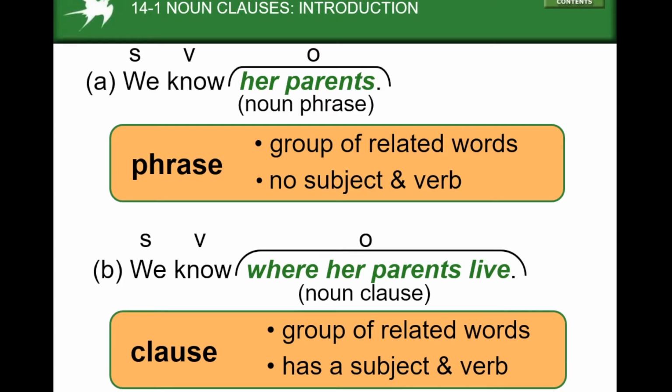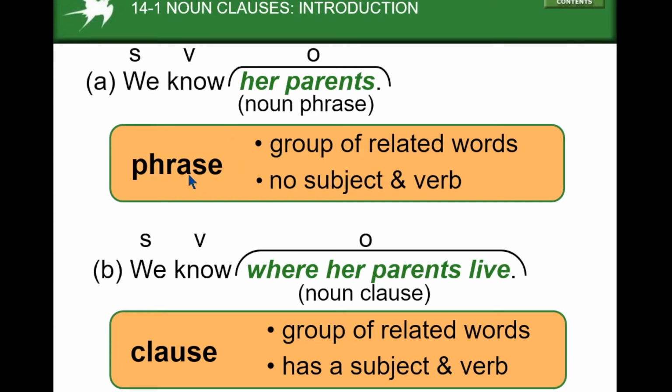But what's the difference between them? The difference is a clause is a group of words with a subject and a verb. So, in the second sentence, we know where her parents live. Her parents is the subject, and live is the verb.